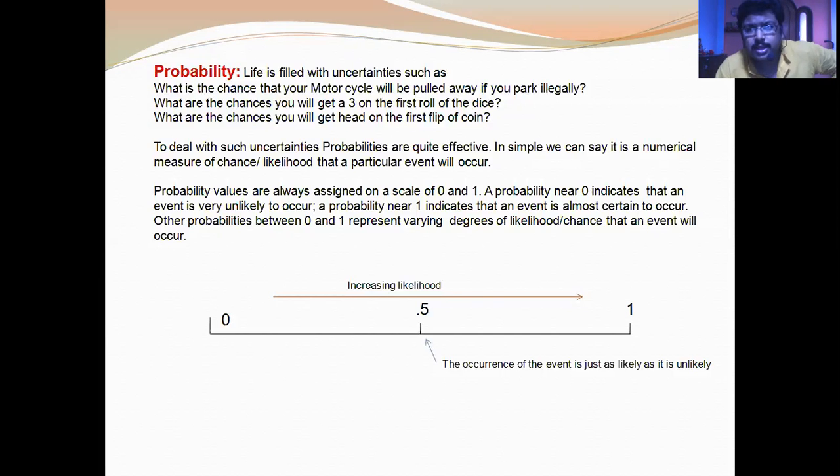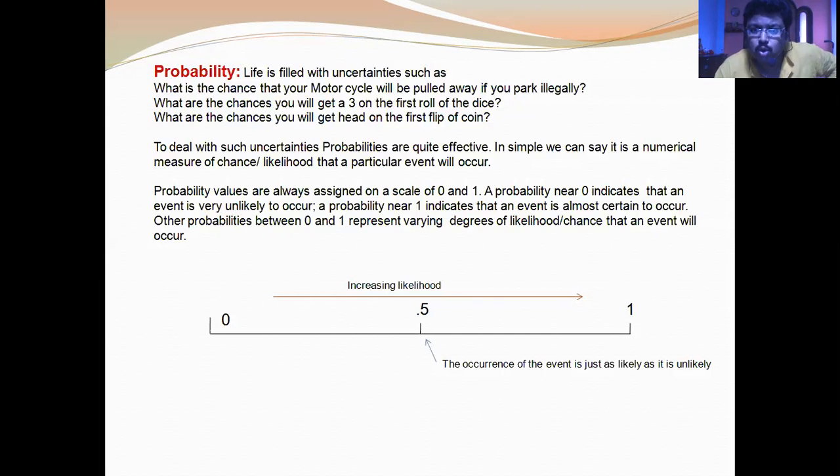Another example: what are the chances you will get a 3 on the first roll of the dice? And what are the chances you will get heads on the first flip of a coin? So these are the uncertainties.